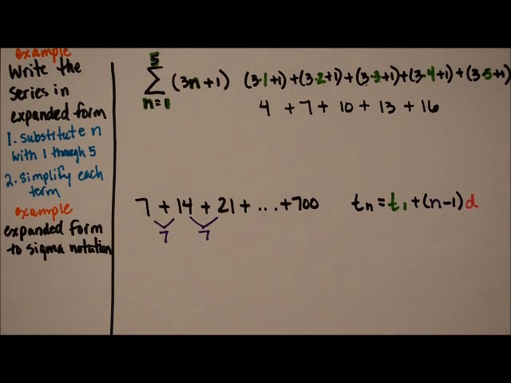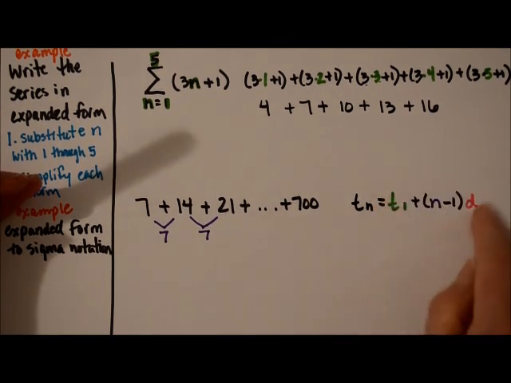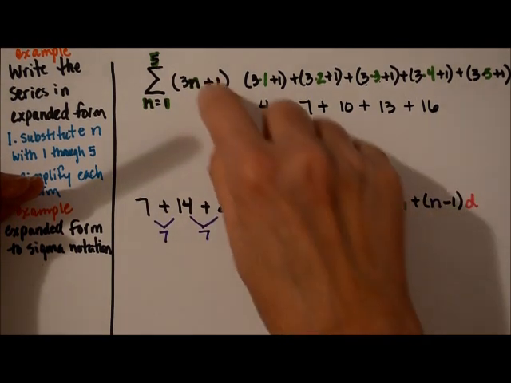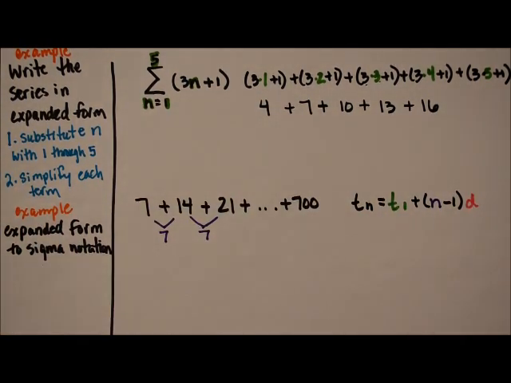So that's the formula we're going to use. Once we figure this out, this goes in there, right? But we're just going to figure it out for Tn. Okay, easy enough. Think we can do it?